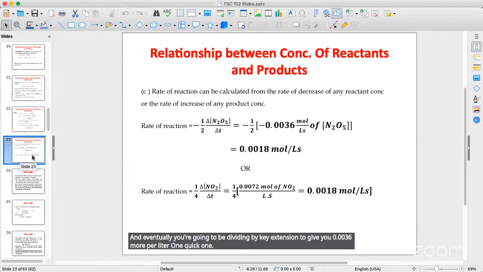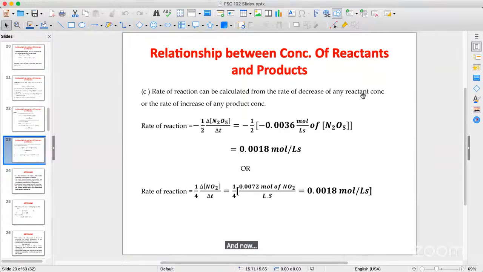And now we can calculate the rate of reaction, because the rate of reaction is always per mole, really, it's always per mole per liter.